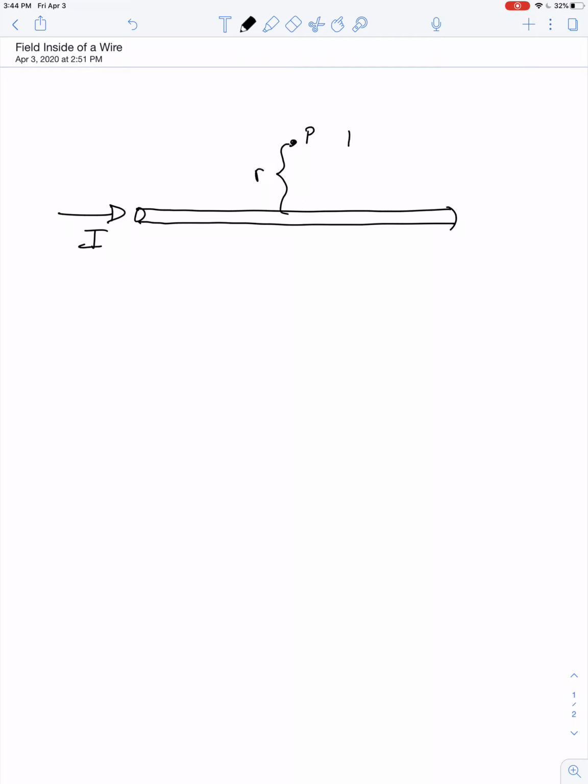Well, by now, you're very well aware of how strong the magnetic field is at some distance from a long straight wire. You should be able to derive it using either the law of Biot-Savart or Ampere's Law. If we have a wire carrying a current I, then the magnetic field at point P, which is located at a distance of r from the wire, is equal to 2 times 10 to the negative 7th times I divided by r.